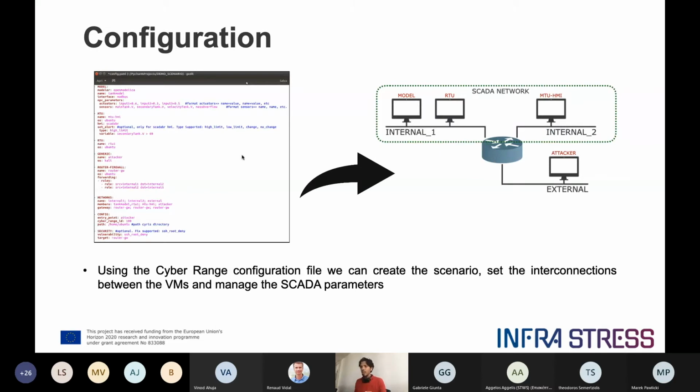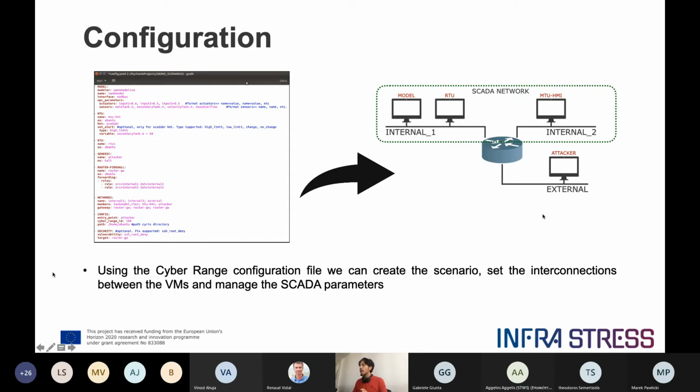What you will see in the demonstration, I will show you in a video. You will see the configuration of the simulator. In this case, we are using a YAML configuration file just for simplicity, but it is also configurable via a graphical user interface.